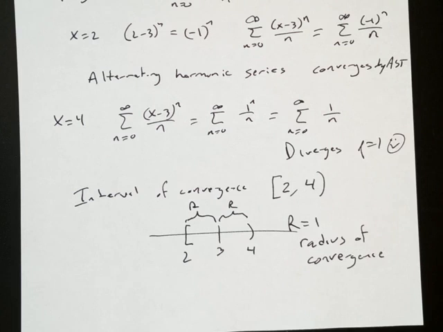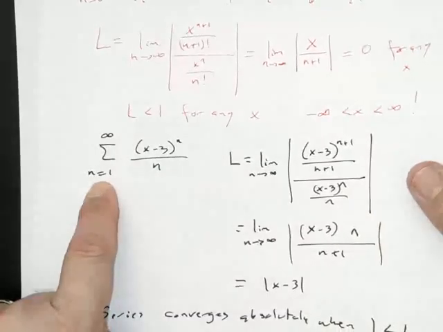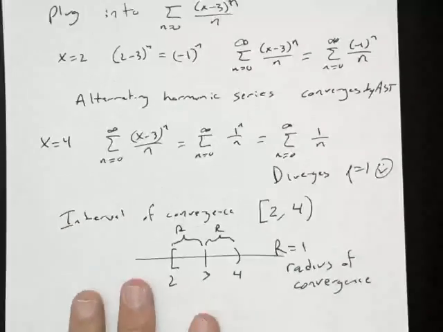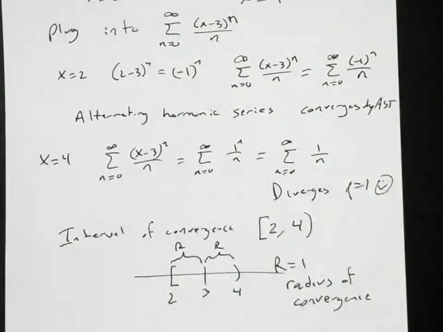Now, I need all of you to realize that in this entire problem, I made a copy error, and none of you called me on it. Way back here at the beginning, I wrote n equals 1. Here, I wrote n equals 0.